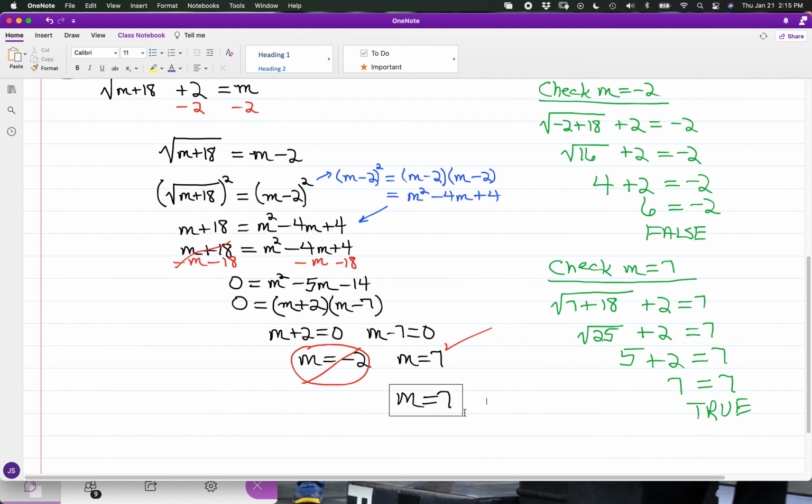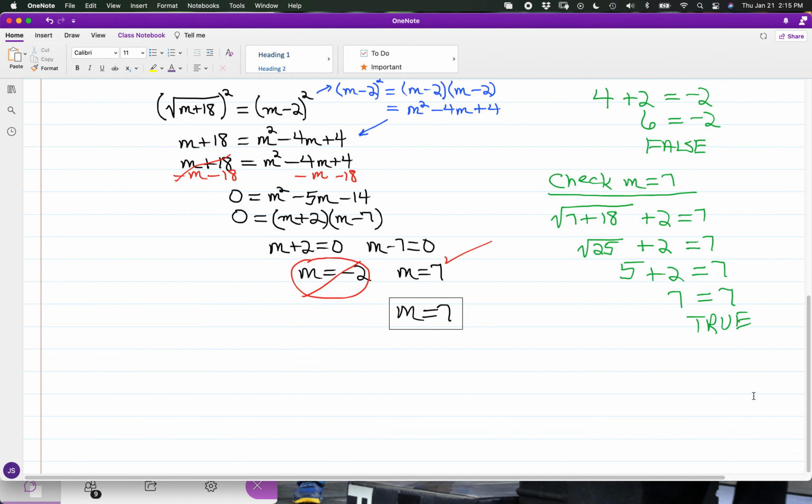Now, with 106, we have a similar type of equation, and it seems like perhaps the biggest difference will be solving for the letter n as opposed to m.